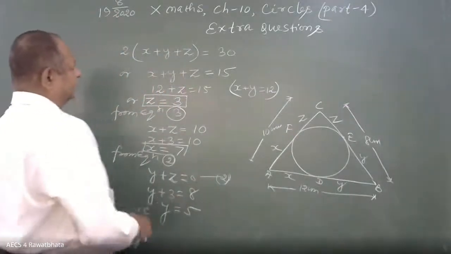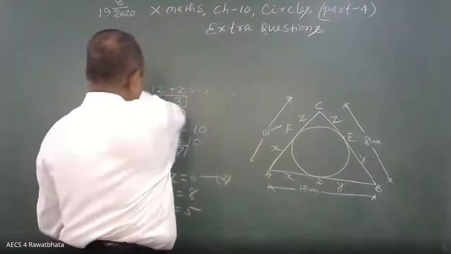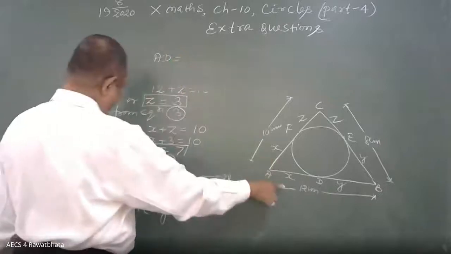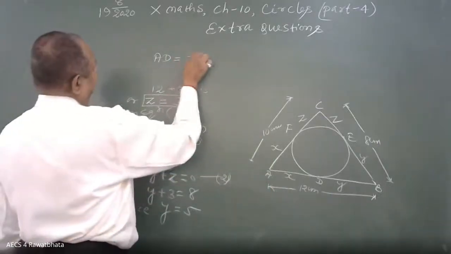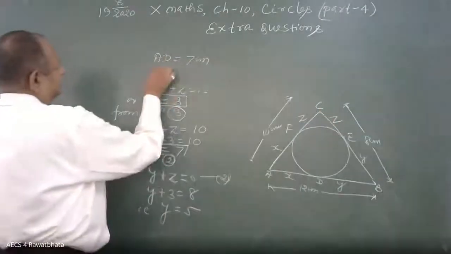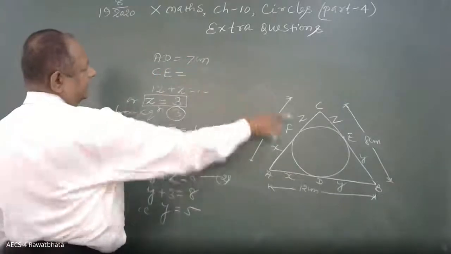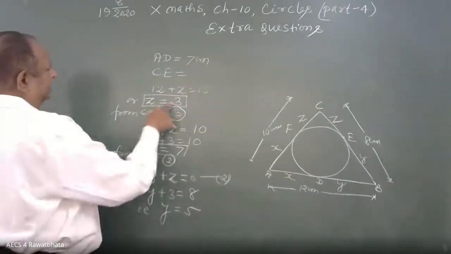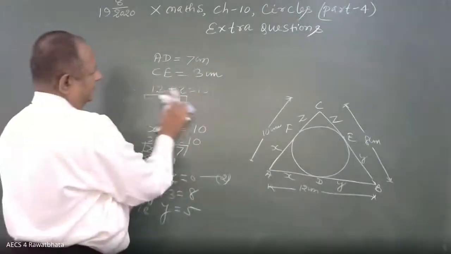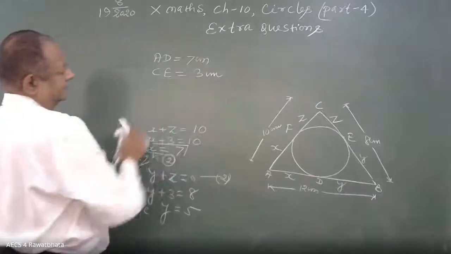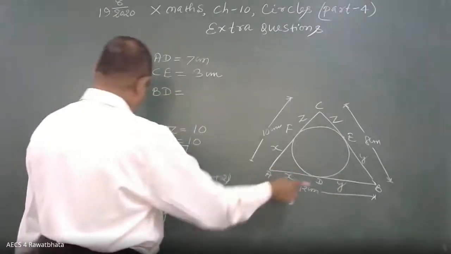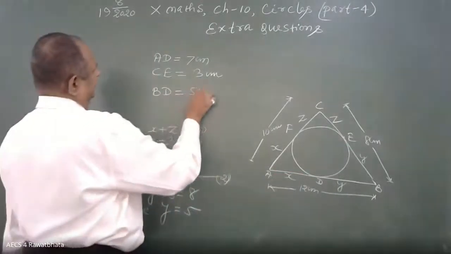So what will be the value of AD? Now AD is equal to x, x means 7 centimeter. CF is equal to z, z means 3 centimeter. And BE is equal to y, y means 5 centimeter.